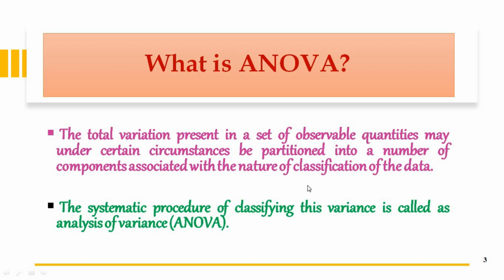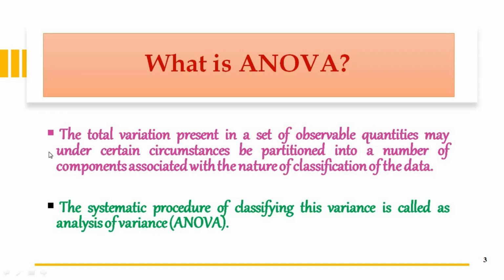Or we can say ANOVA is a statistical formula which is used to compare variances across the means or averages of different groups. This is also a versatile and powerful statistical technique and an essential tool when searching for multiple groups or categories.